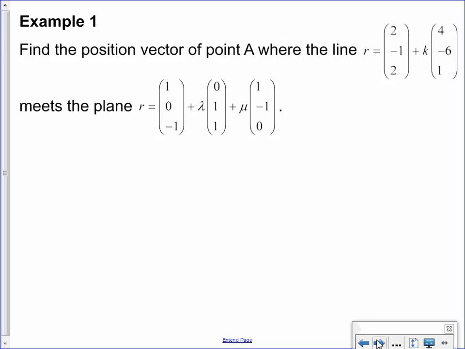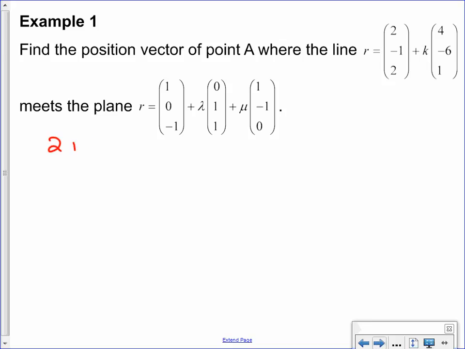Here we go. Find the position vector of point A where the line meets the plane. When the line meets the plane, that just makes them equal. So set them equal to each other since they're both r.